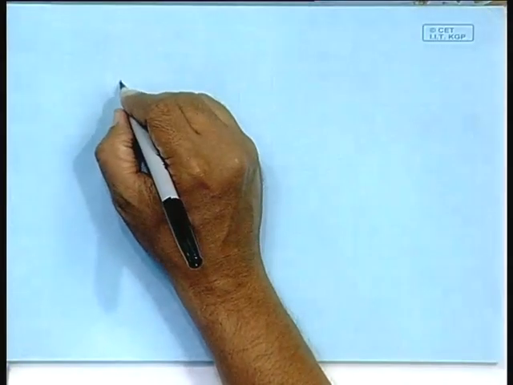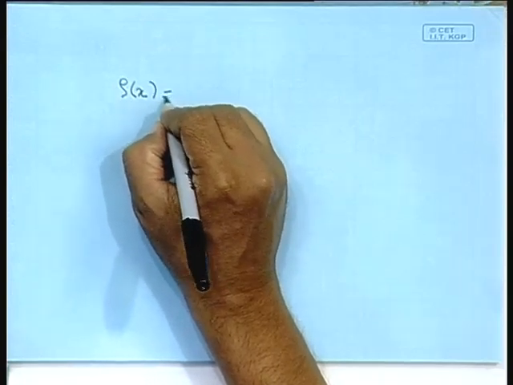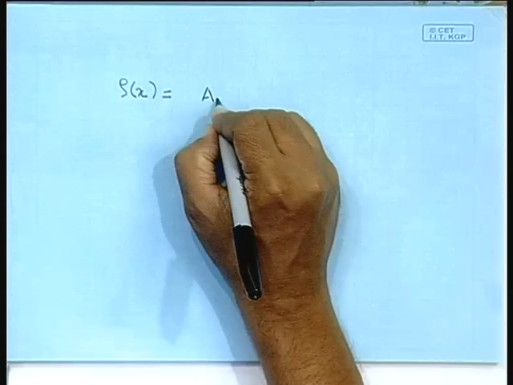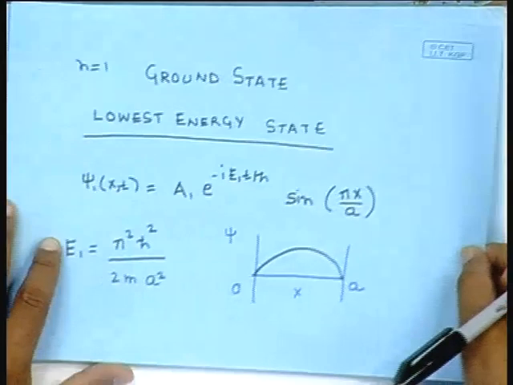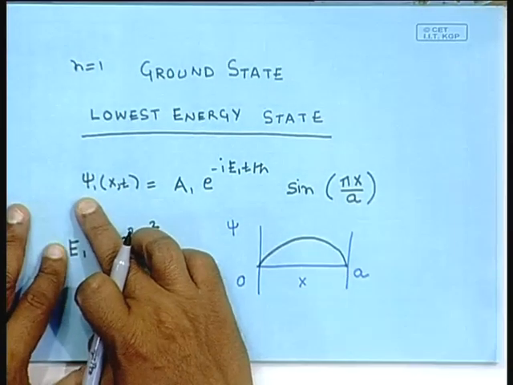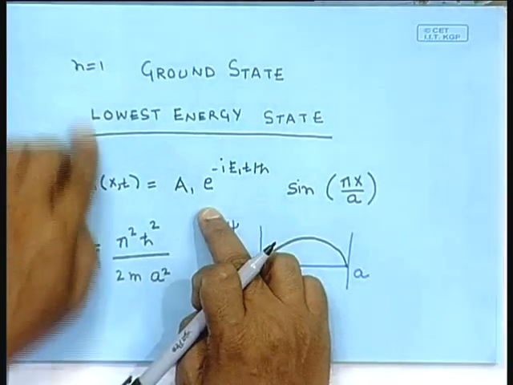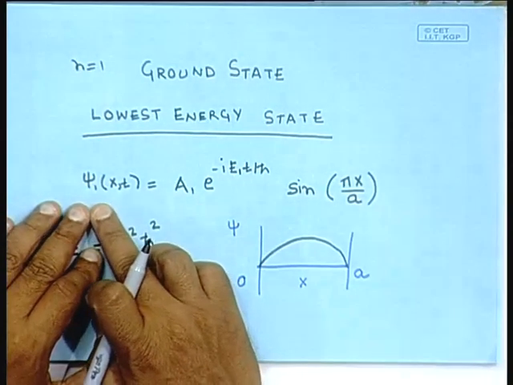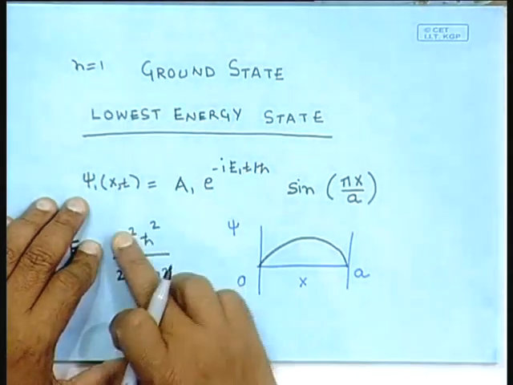And how do we calculate the total probability of finding the particle? The probability density, remember, rho x, for any state it is psi into psi star. We are calculating it for the state n equal to 1, the ground state.